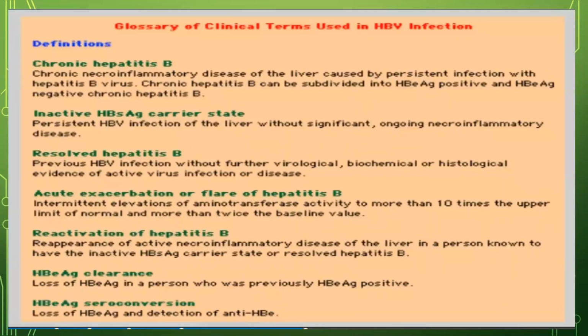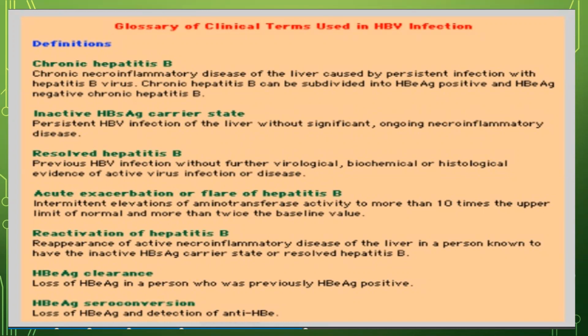Clinical terms we use in HBV infection patients. Chronic hepatitis B is a chronic necroinflammatory disease of the liver caused by persistent hepatitis B virus infection for more than 6 months; it can be, as we say, HBe antigen positive or negative.